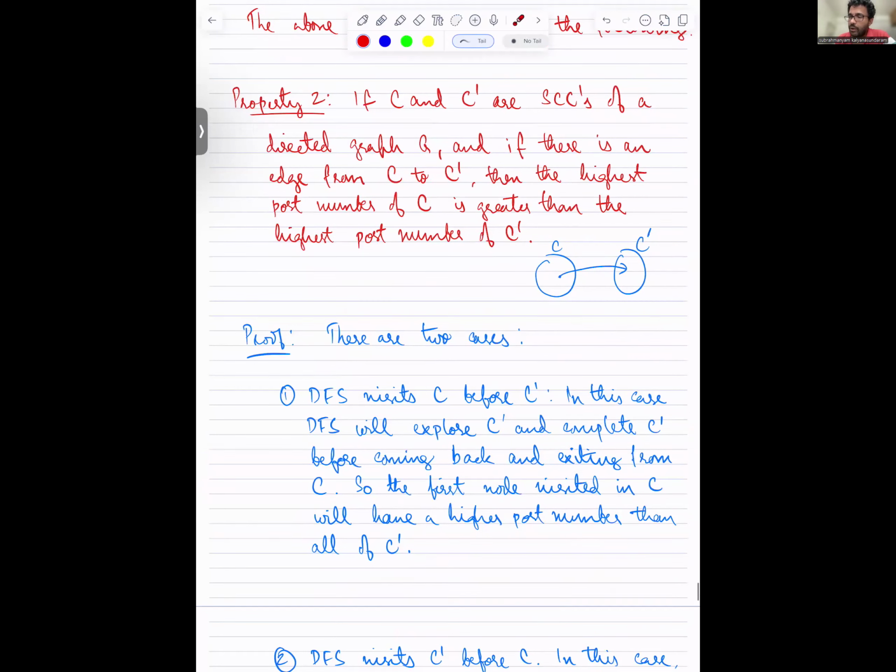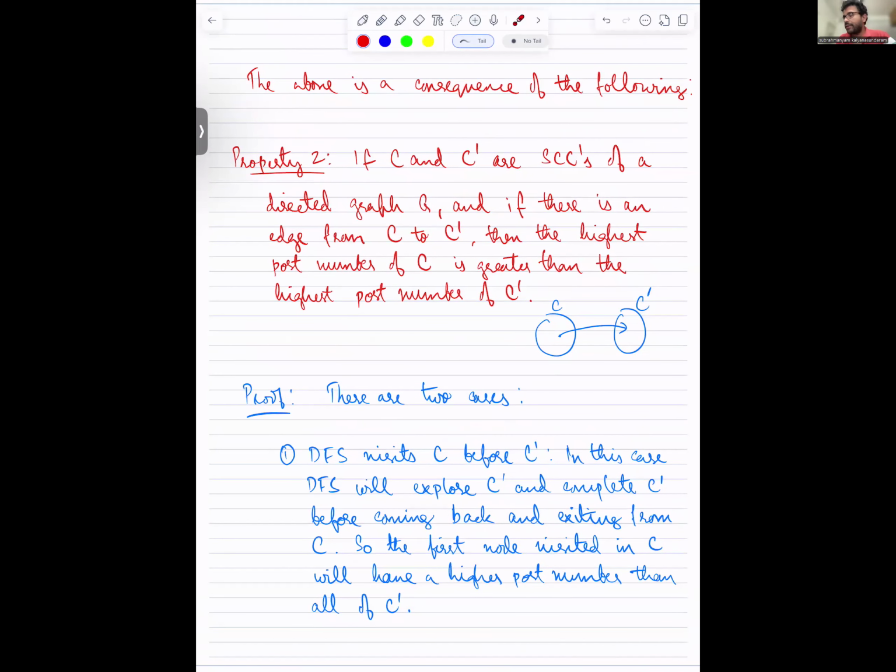So that is the reason why, if you have two strongly connected components and an edge from C to C prime, the highest post number in C will be higher than the highest post number in C prime. Okay. Now this means that if you have a source strongly connected component, the source will have the highest post number, because if it's a source, it only has outgoing edges.